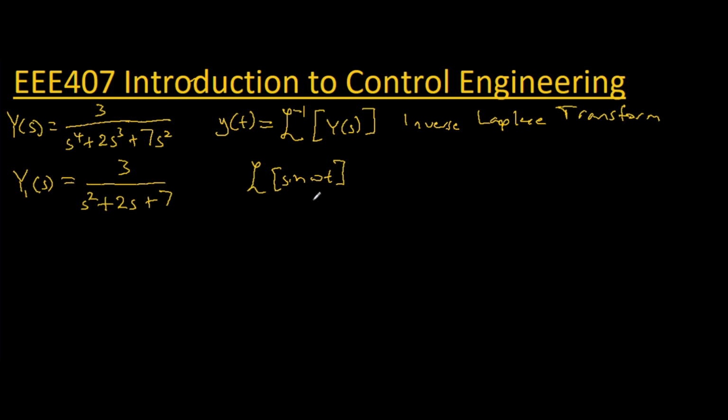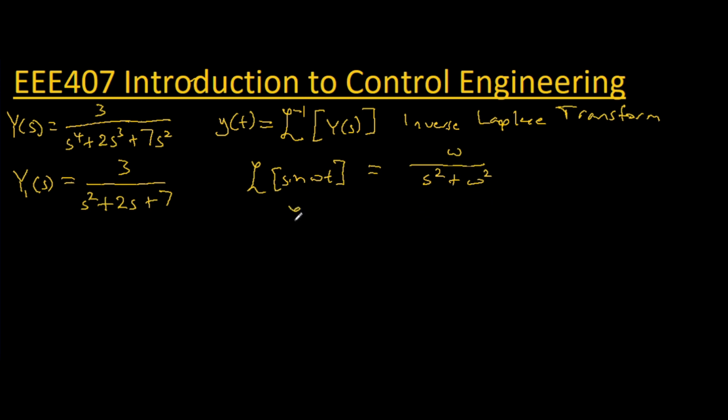For cosine omega t, the Laplace transform has an s in the numerator. In this case, we do not have an s in the numerator, so maybe I shouldn't use cosine. Let me try using sine. The Laplace transform of sine omega t is simply equal to omega over s squared plus omega squared. Now, this denominator does not look exactly like what we have over here, so we can't use this expression as is. Let's try something else.